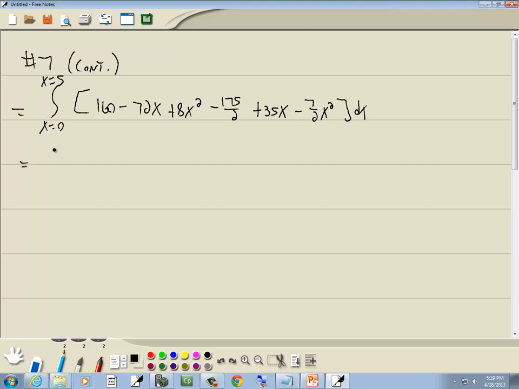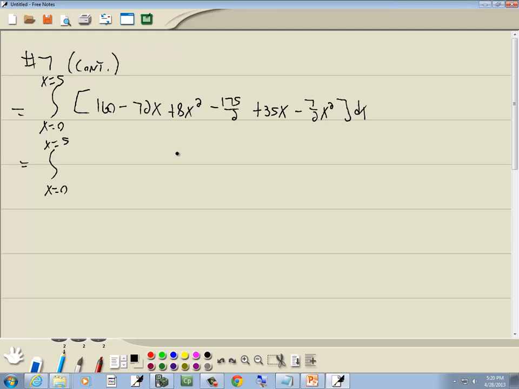And 8x squared, which is 16 over 2 x squared, minus 7 halves x squared gives us 9 halves x squared.